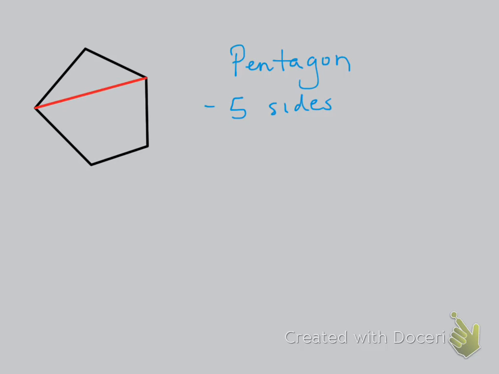Let's look at this pentagon. If I draw a couple diagonals connecting my vertices, what do you see now? Now you should see 3 triangles. So based on that information, what's the sum of a pentagon?